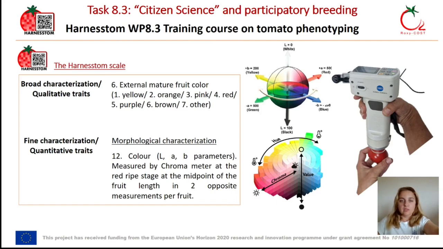This color space expresses color as 3 values, L for lightness, A and B for the 4 unique colors of human vision: red, green, blue, and yellow. These parameters will be measured by chromometer at the full ripe state at the midpoint of the fruit length. We are going to do 2 opposite measurements per fruit.